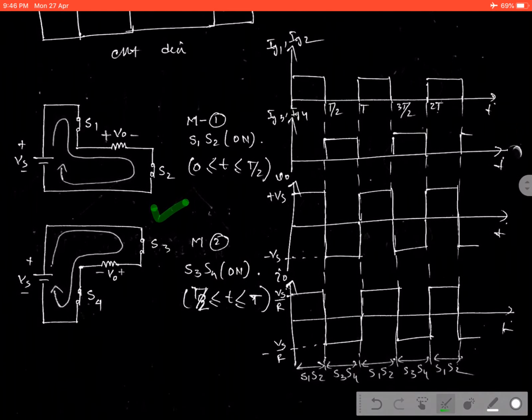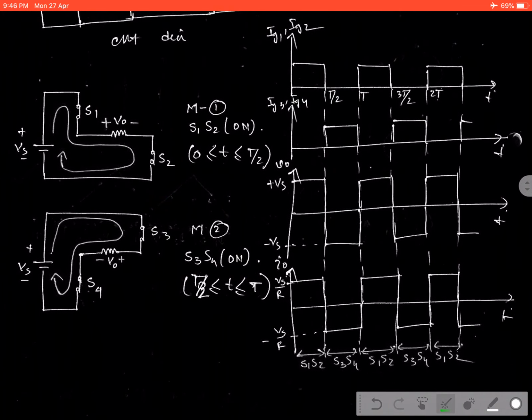Now by considering these two mode operations, we can form the waveforms of output voltage and output current. When S1 S2 start conducting, then current is flowing through this path. In this case, the polarity of the output voltage is, this is positive and this one is negative.